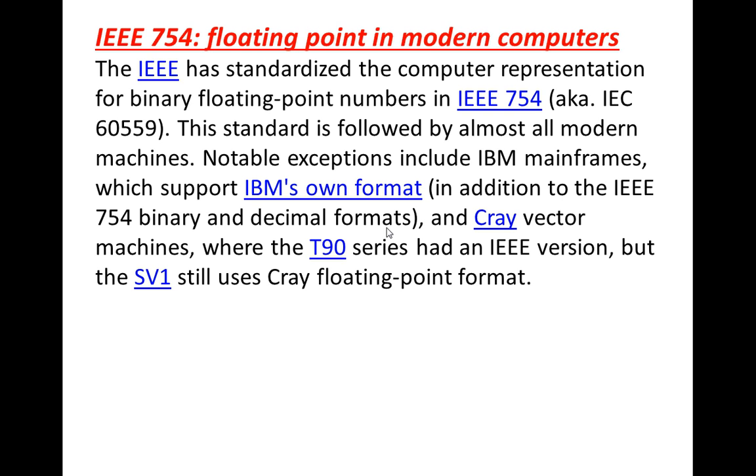Cray vector machines, where the T90 series had an IEEE version, but the SV1 still uses the Cray floating point format. This is how we can represent numbers in floating point.